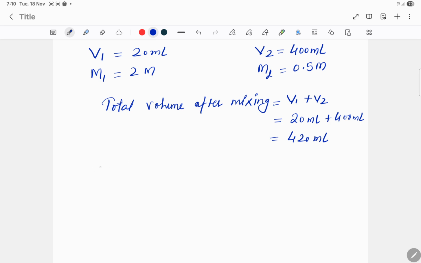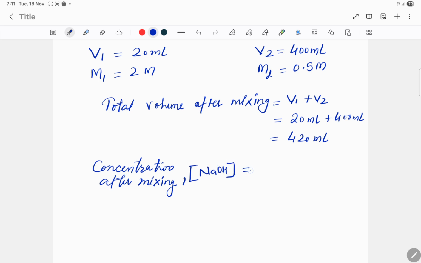For that we have a formula: concentration after mixing, and remember this is the concentration of sodium hydroxide, is equal to M1 V1 plus M2 V2 divided by the total volume.